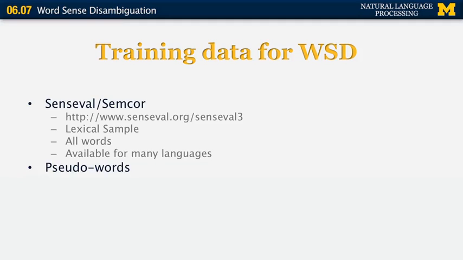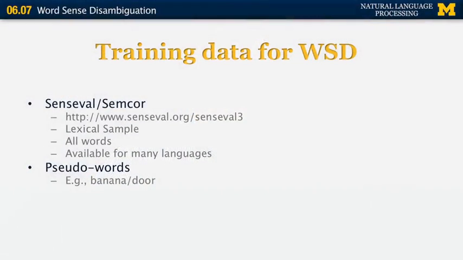Another way to train data for word sense disambiguation is to use the so-called pseudo-words principle. The pseudo-words principle says that we can take a word that is not ambiguous and another word that is not ambiguous and combine them into a new word that has all the instances of both of the unambiguous words.